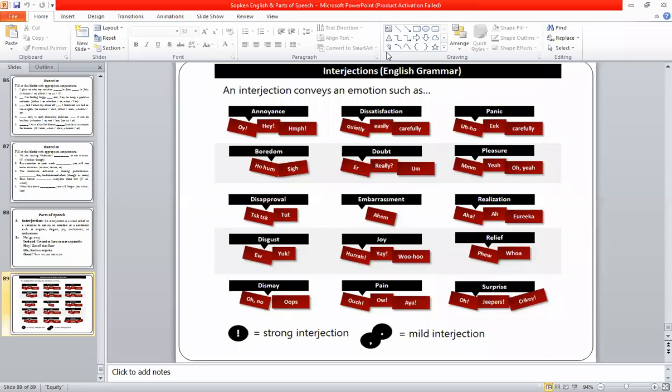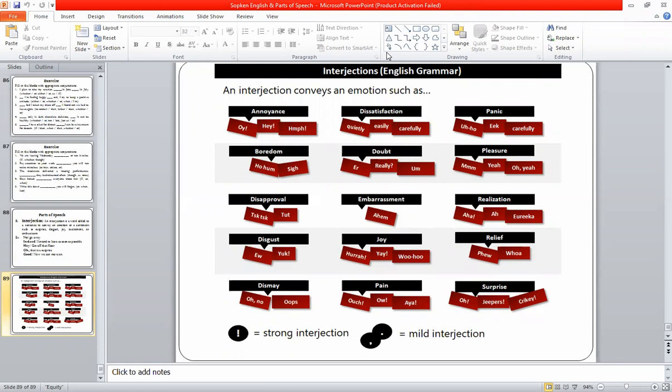Then joy. When we are in a joyful mood, or we are taking joy, or we are in a happy mood, what type of feelings do we generally use? Hooray, yeah, oh ho. These types of words we use when we are in a joyful mood.